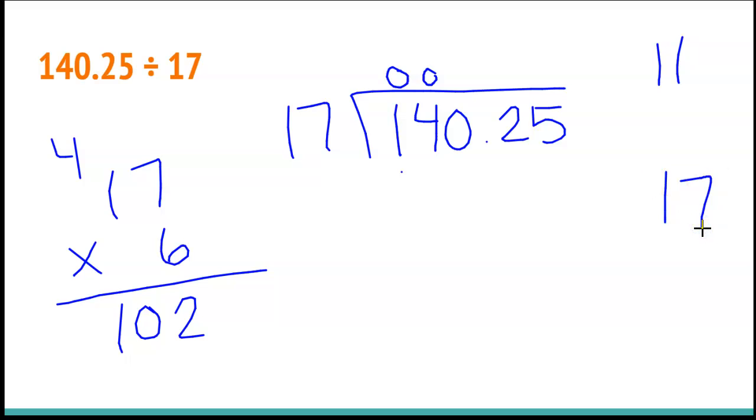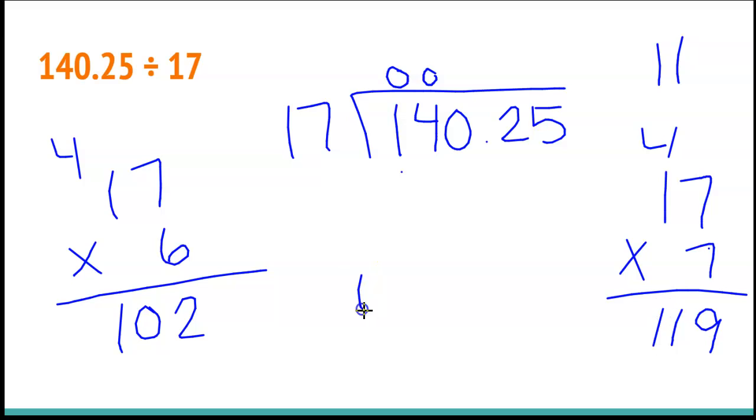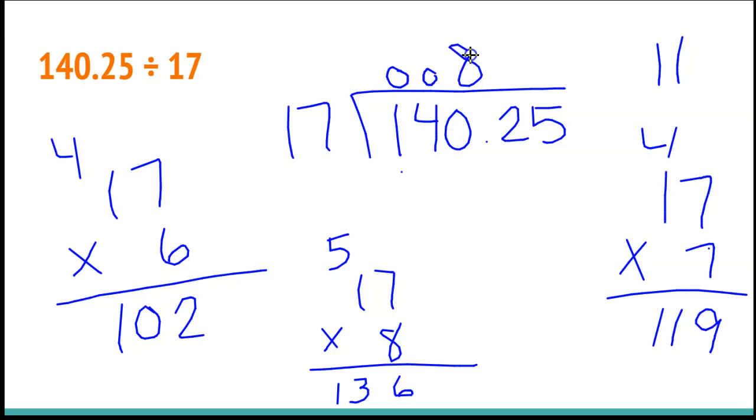So let's go ahead and try 17 times 7. 7 times 7 is going to give me 49. 119. Oh, maybe I can do one more. Let's see. 17 times 8, 7 times 8 is 56. I sure can. Okay, so I can do 8 groups, and that would give me 136. Okay, so I'm going to have 4 left.